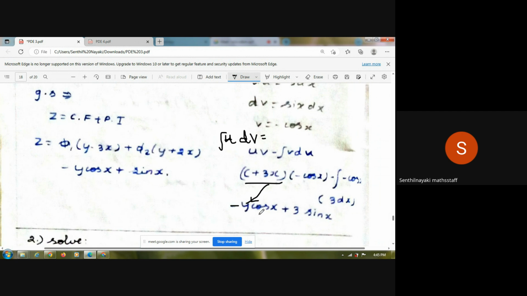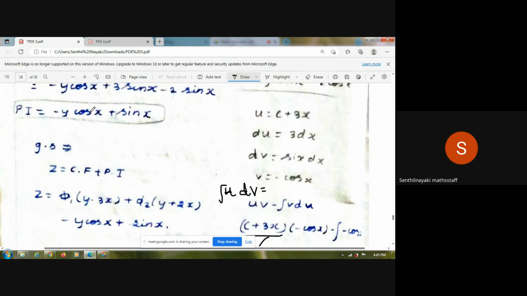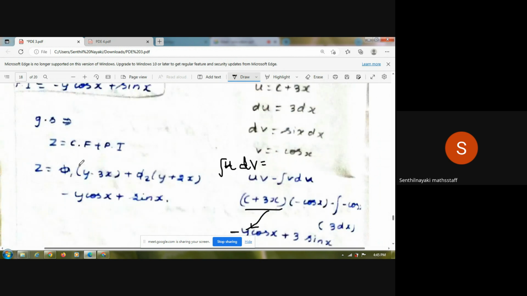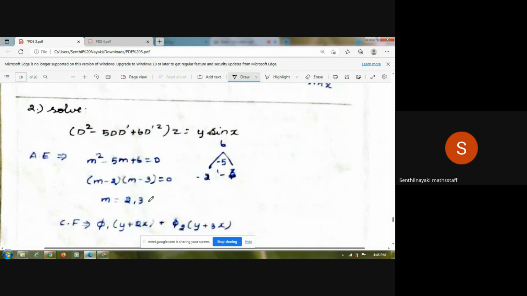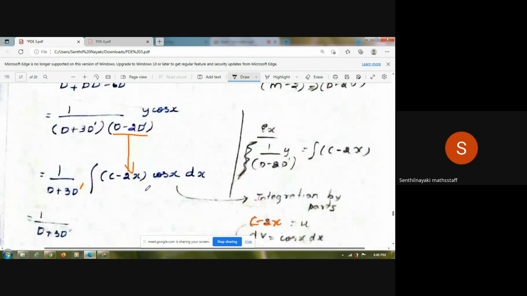So substituting, we have minus y cos x plus sin x. So this is the particular integral. So the general solution is complementary function plus particular integral. So phi 1 of (y minus 3x) plus phi 2 of (y plus 2x) minus y cos x plus sin x.